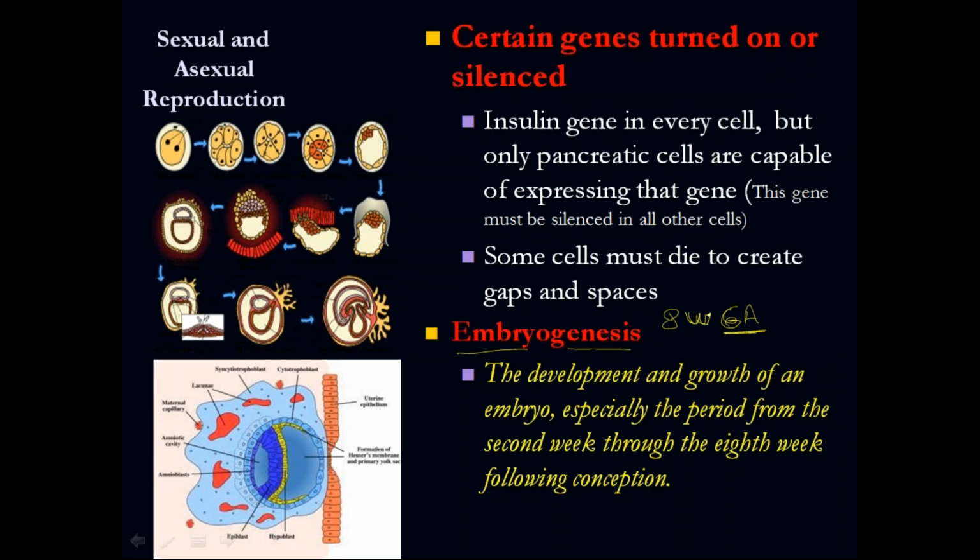W means weeks, that is the shorthand for what I said. 8 weeks of gestational age. More than 8 weeks is going to be called fetus. Less than or equal to 8 weeks is going to be called embryo.